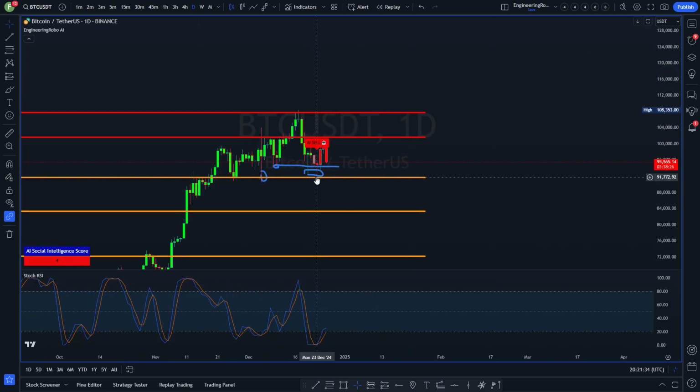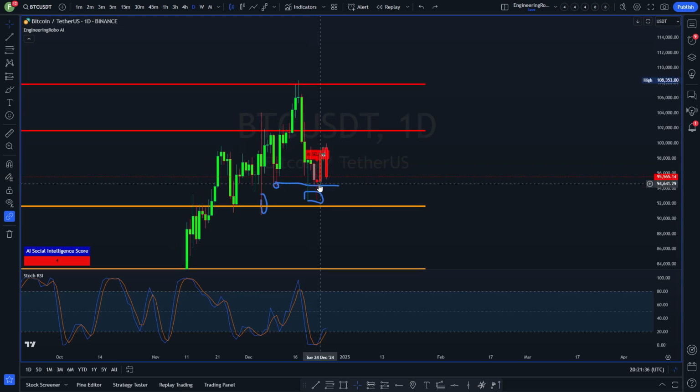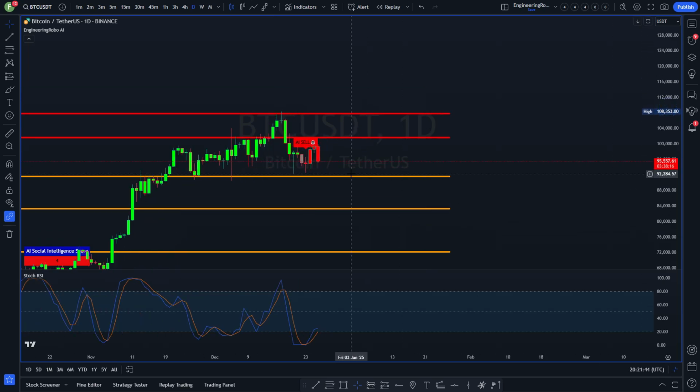We've just had a daily sell on Bitcoin, and when a daily sell is shown by the indicator, we really do want to be waiting on a buy signal before going into the market.